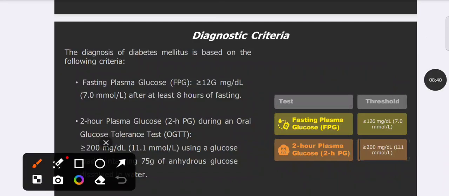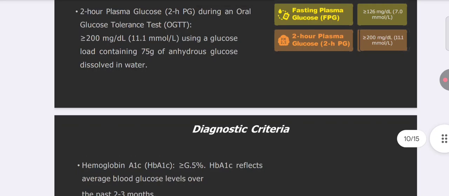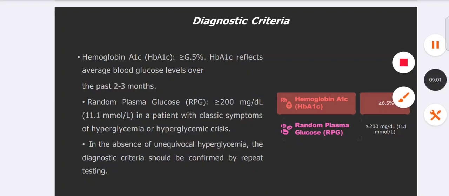For fasting we have the normal level of 126 mg per deciliter, and for postprandial the normal level is less than 200 mg per deciliter. So if the patient's blood glucose is more than that, the patient has diabetes mellitus. One more important test is HbA1c, that is hemoglobin A1c.